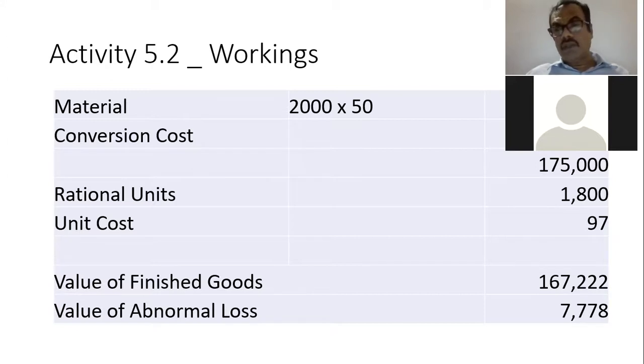Then what would be the unit cost? 175,000 divided by 2000, that is 87.5. That is much lower than this. What does it mean? When there is a normal loss, not abnormal, the cost of that particular normal loss is absorbed among other products. That's it.